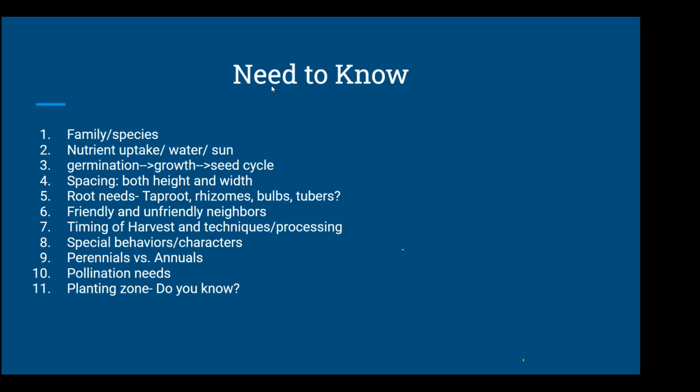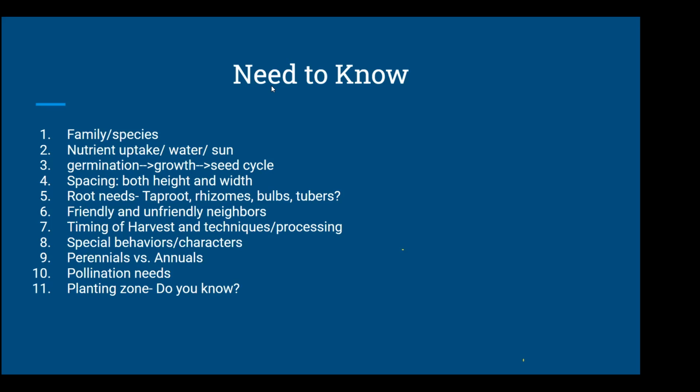So some need-to-knows: you need to know the family and the species, the nutrient uptake, how much water and sun they'll need, the germination rate, the spacing, the root needs, the friendly and unfriendly neighbors. That will also be in your companion planting resource that was given to you.